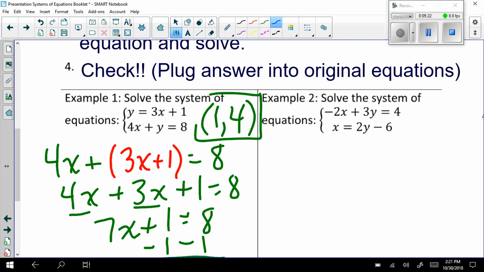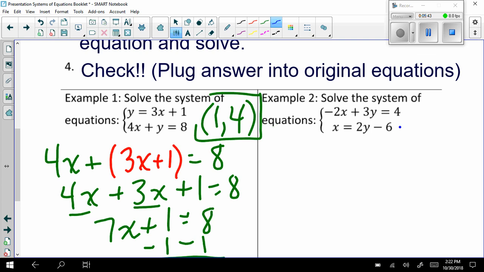All right, let's look at example 2. Example 2 says solve the system of equations, negative 2x plus 3y equals 4, and x equals 2y minus 6. So see that x equals? My step 1 is done for me. My x is already isolated, so I don't need to do that.